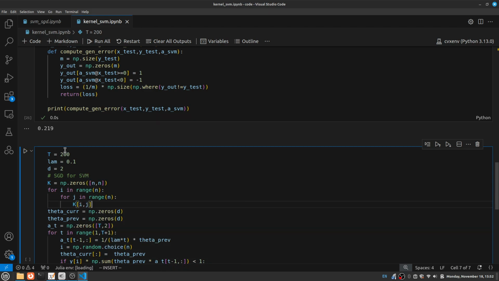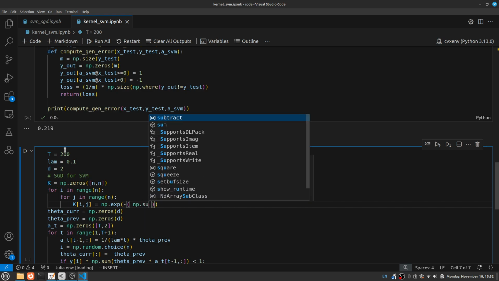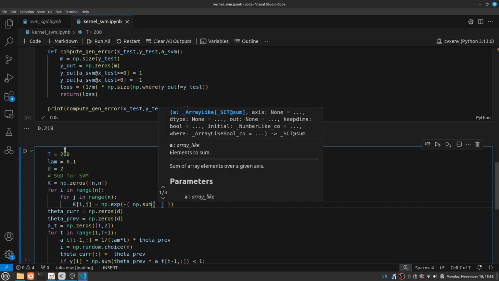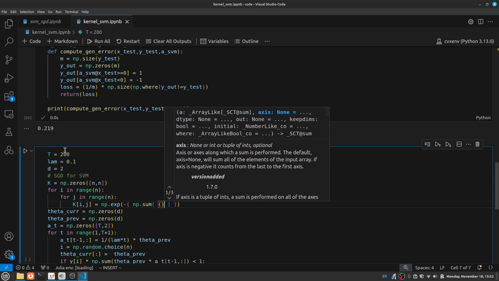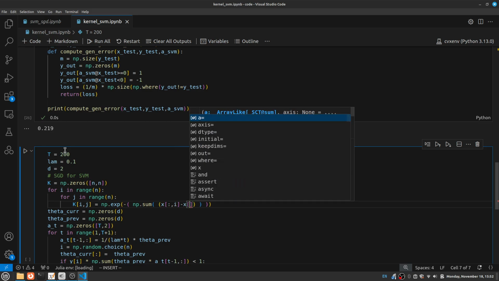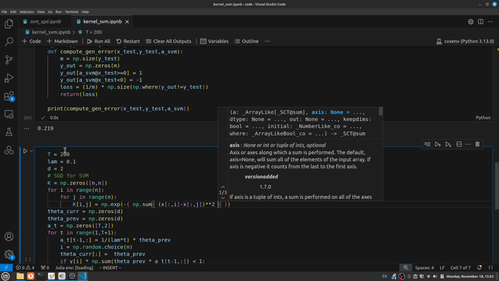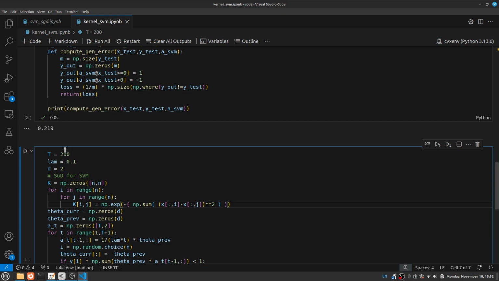So k of ij is e to the power of minus the sum of xi minus xj, the whole squared, so I have an np.sum of the squared difference, and I need to divide this by sigma squared, where I take sigma squared to be equal to 1. Okay, so now I have my k.